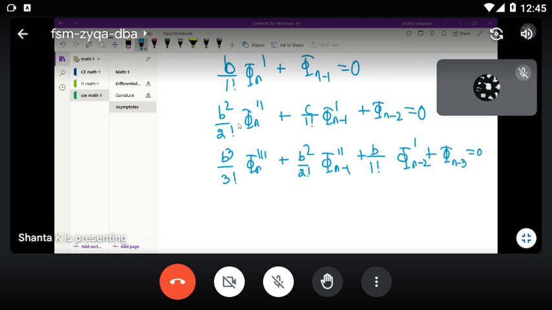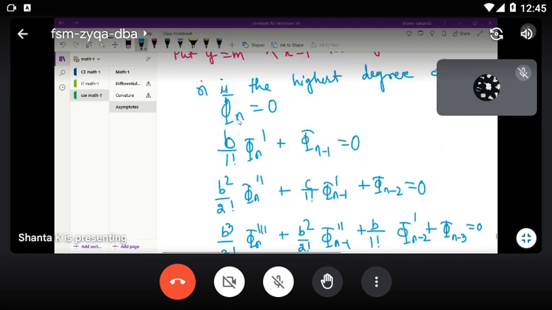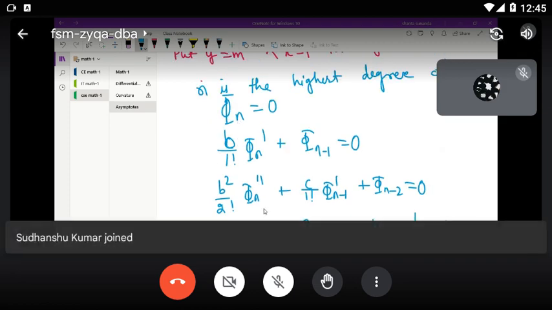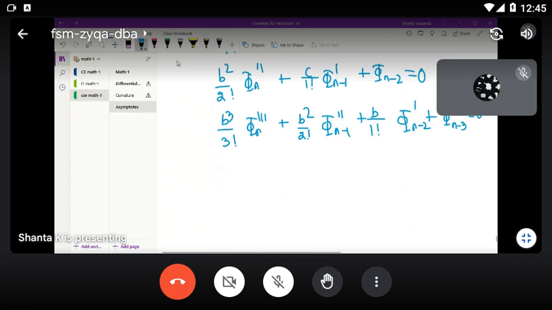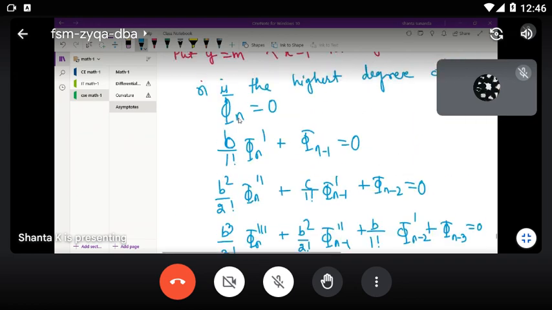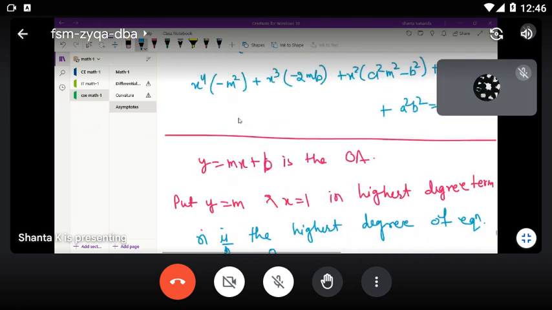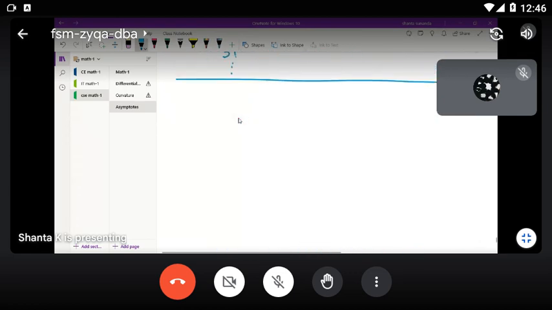So this is the form of the equation. It can increase further, but up to degree 3 or 4 this much is enough. Now we will do one example for the oblique one.